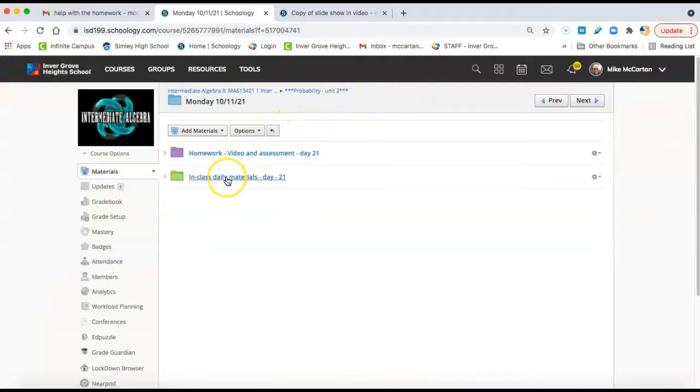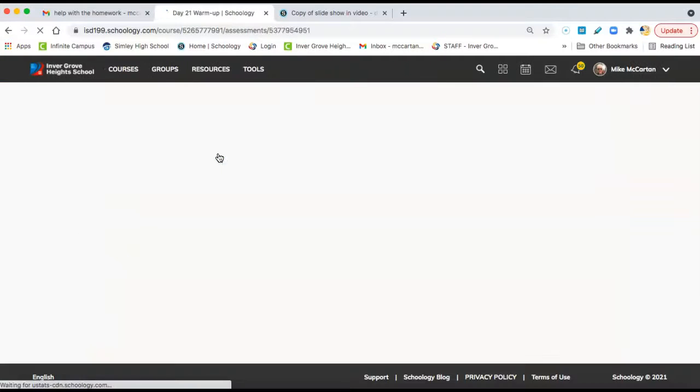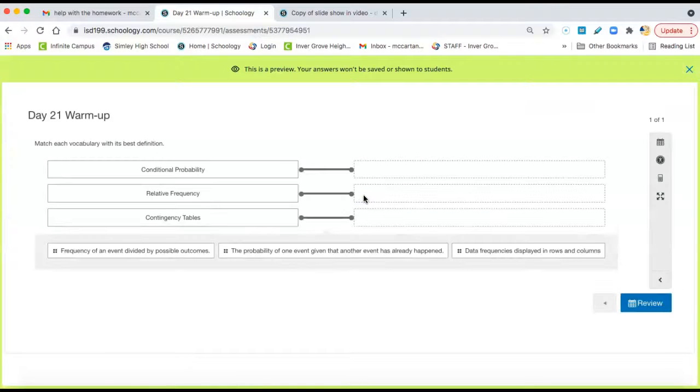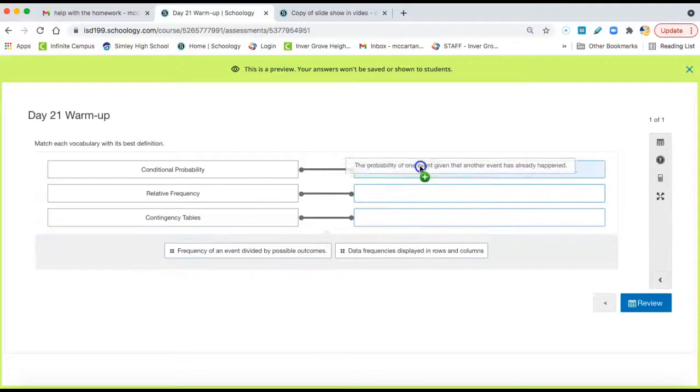Moving to the green, the warm-up. It's three vocabulary words. All right. Probability of one event given that another event has already happened.